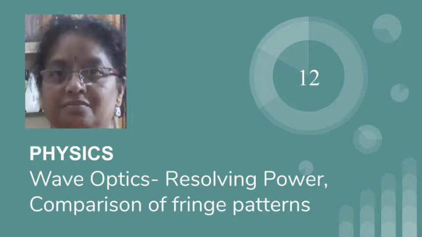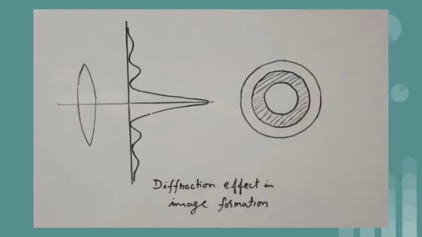Diffraction has an important role in the resolving power of an optical instrument. When we see the image of any object through an optical instrument, due to diffraction, the image formed by a circular lens, that is the objective, is not just a point.